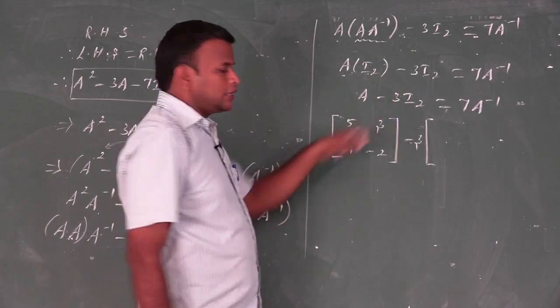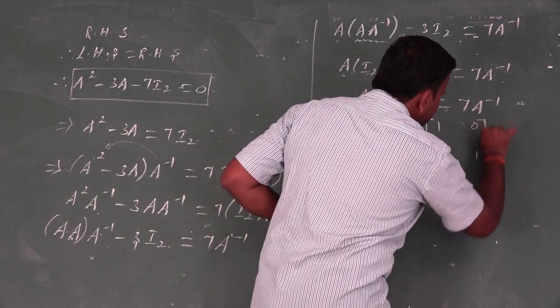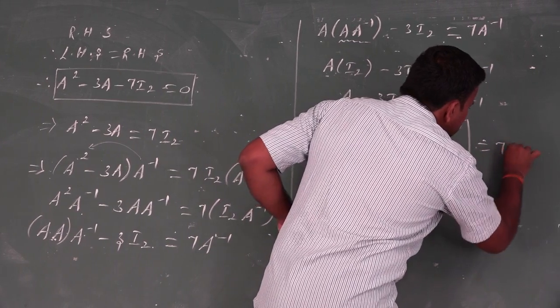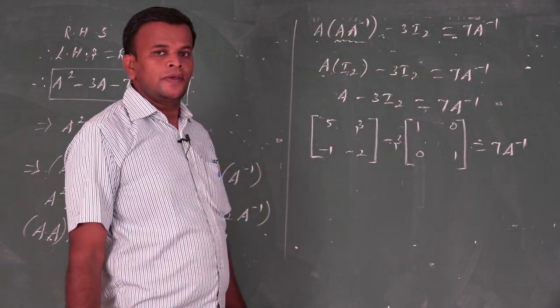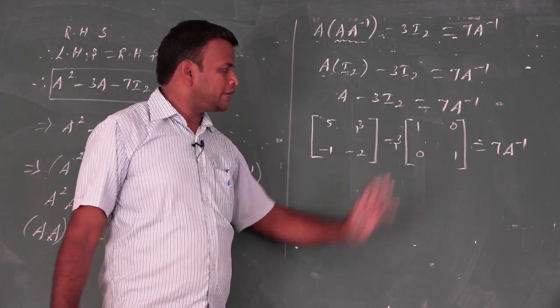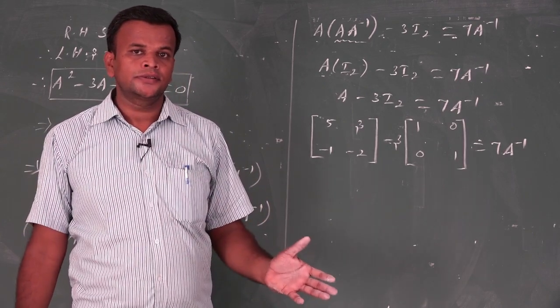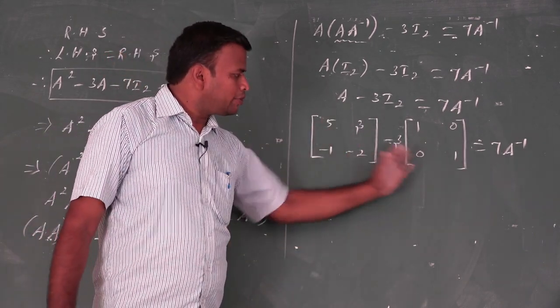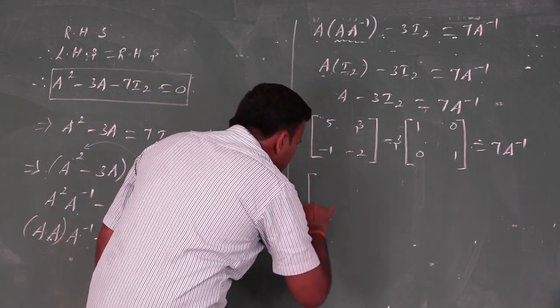The value of I2 is 1, 0, 0, 1, is equal to 7 into A inverse. Now we separate these two matrices. Is the separation of these two matrices possible? Yes, it is possible because the order of both the matrices is the same. So we separate the corresponding elements.